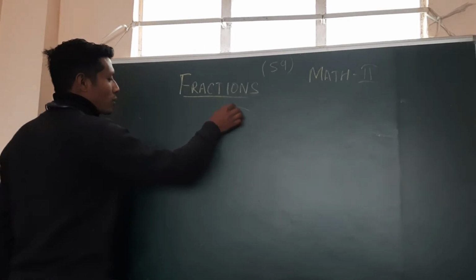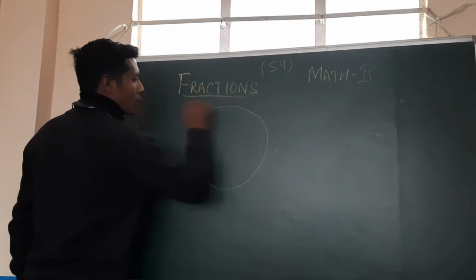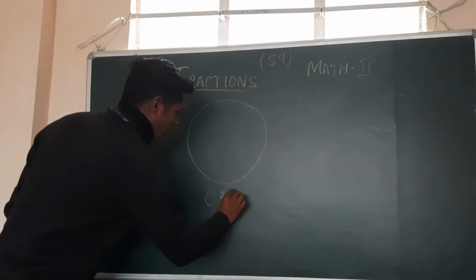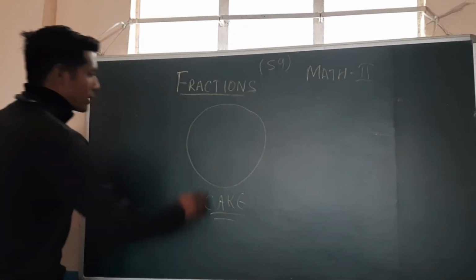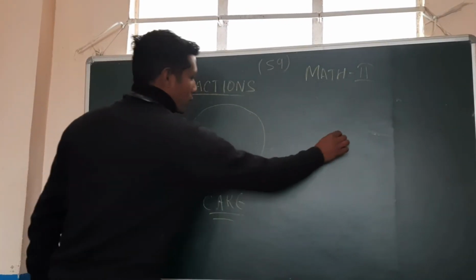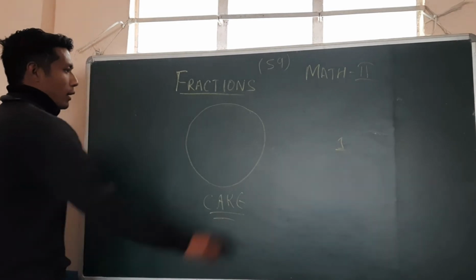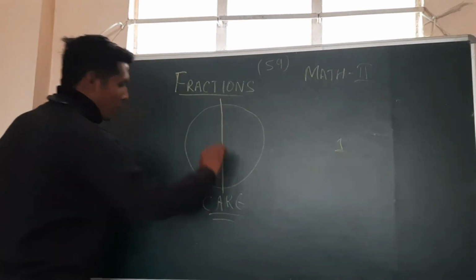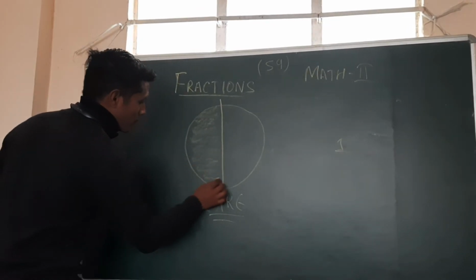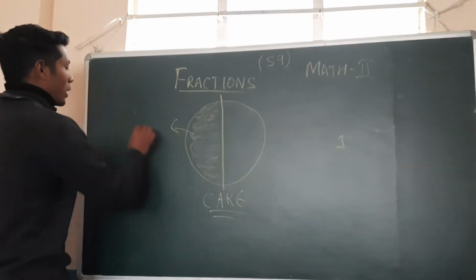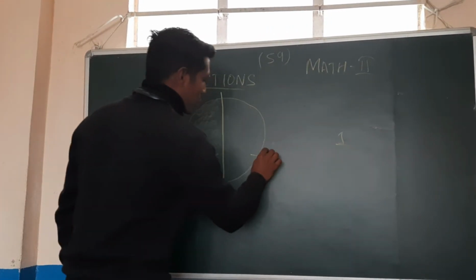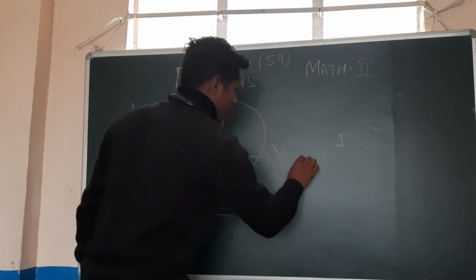First let us try to understand with the help of a diagram. This is a whole diagram of, let us say, a cake. Whole cake. This can be termed as 1. That is the whole cake. That means 1. And if I divide it into two parts, one you gave to your brother, and another one you gave for yourself.